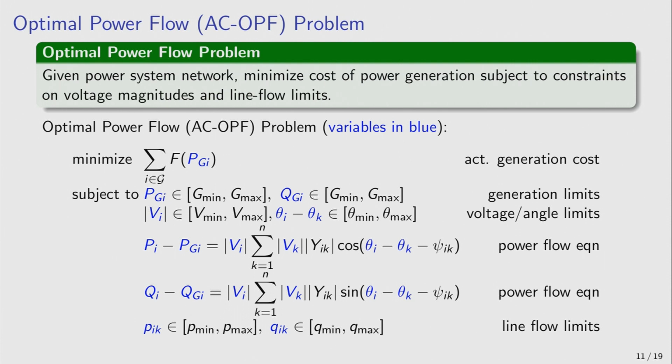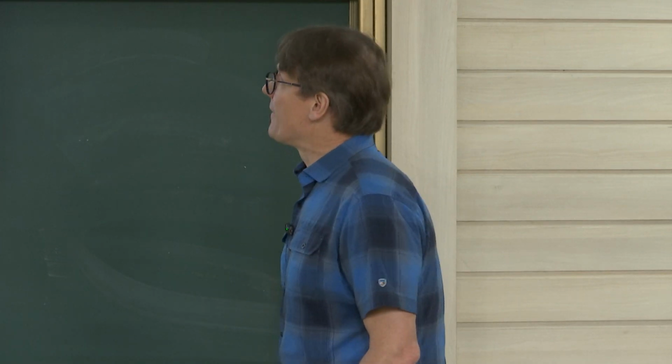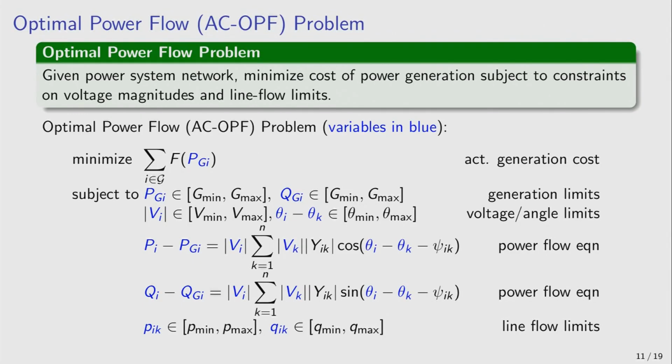The thing to look at is that this is really not a very easy problem. f is maybe a simple function. It's sometimes a simple quadratic function, so that's relatively easy to model. But the remainder of the system, especially the power flow equations, look quite difficult.